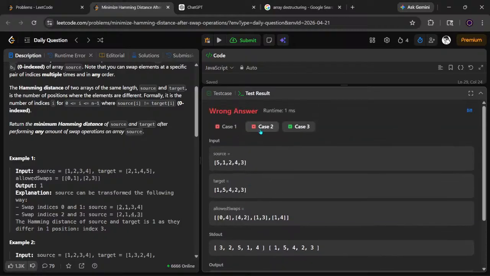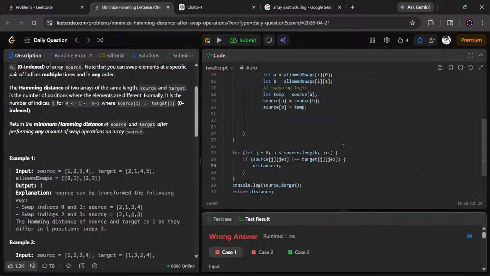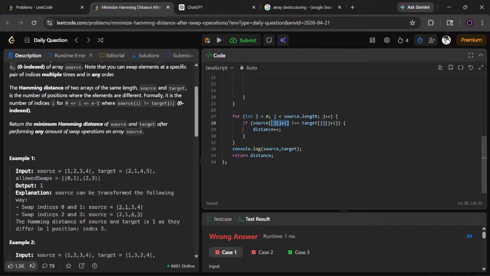I think this is not the right approach. Just because of comparing single values we are getting this.